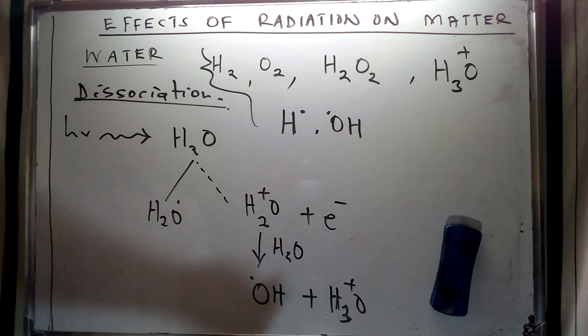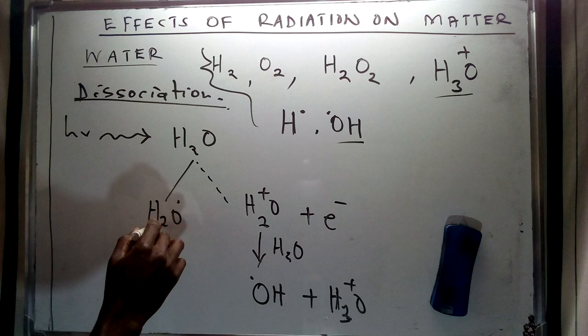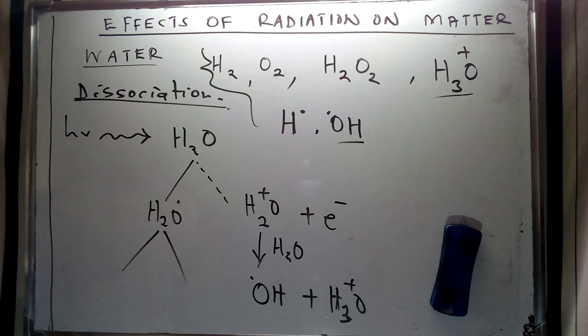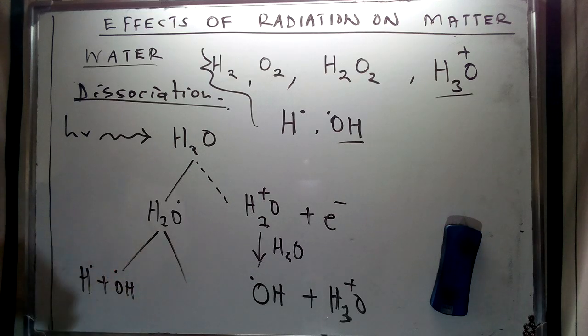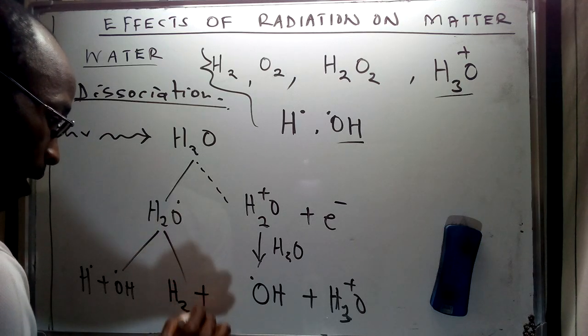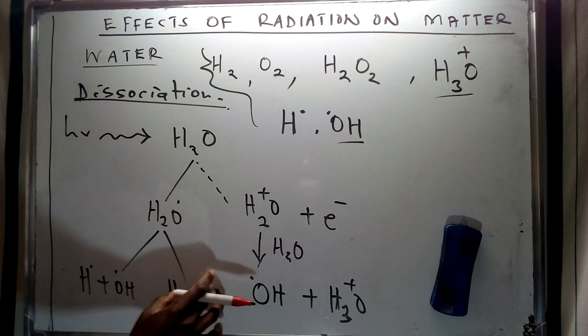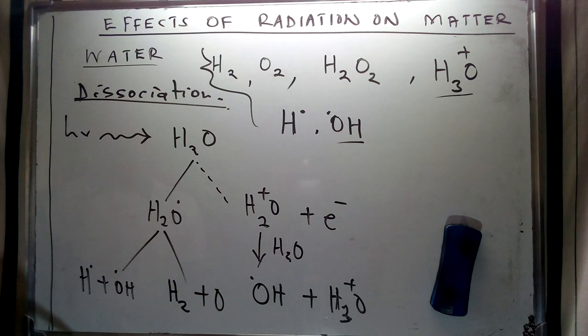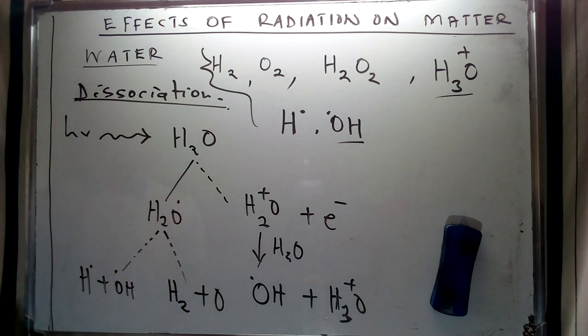So basically, we're going to have the products, this specific hydrogen ion and OH radical. From this also, this radical is going to dissociate and lead to the formation of a hydrogen radical together with the OH radical. And this is also going to lead to the formation of hydrogen and oxygen, that is, a diatomic molecule and an atom of oxygen.